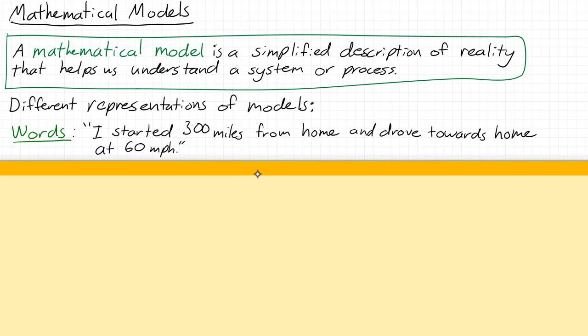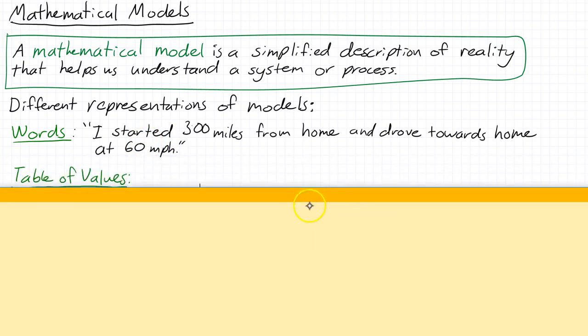So for example, you could say, I started 300 miles from my house and drove towards home at 60 miles per hour. Now, that's not precisely what happens in real life, because you don't go exactly 60 miles per hour the whole time. You get some traffic which slows you down. Sometimes you can speed up and go 80 maybe, but this is a simplified description of how fast you went, and it probably works well enough.